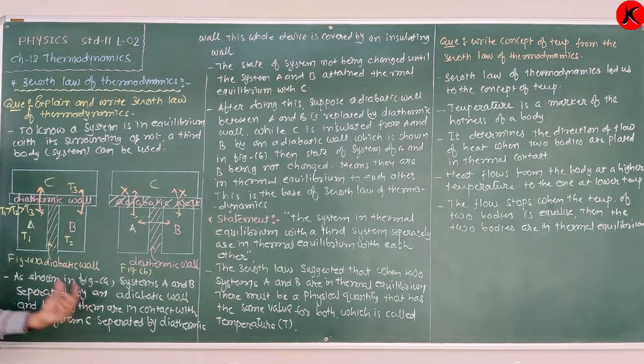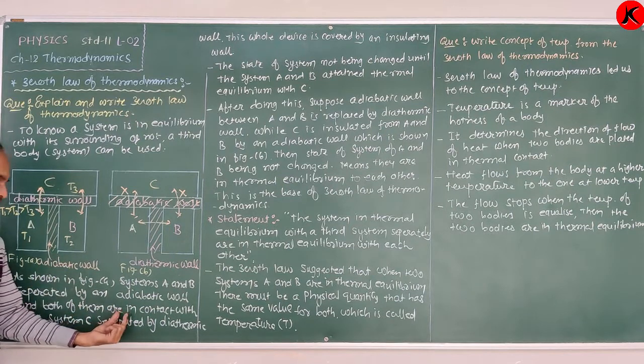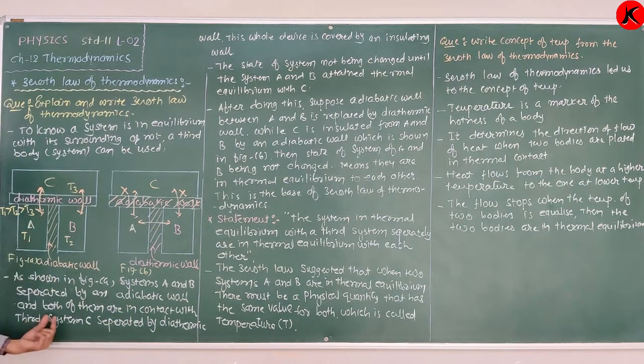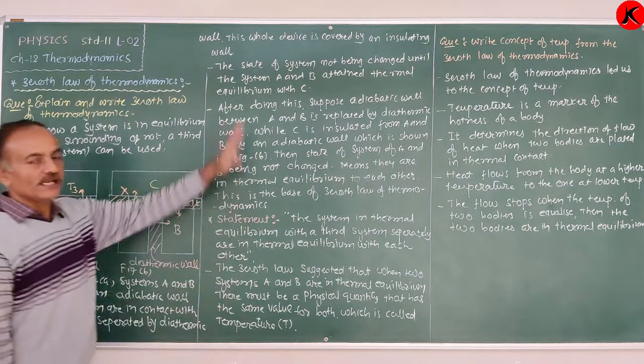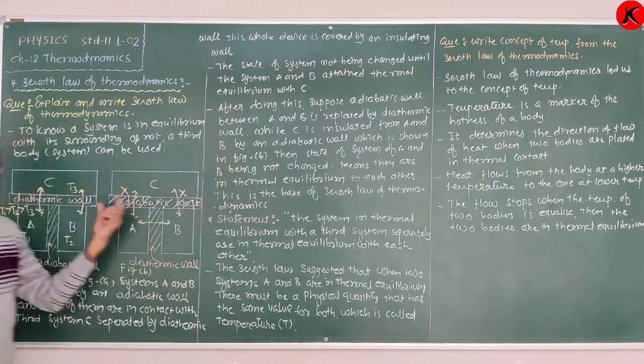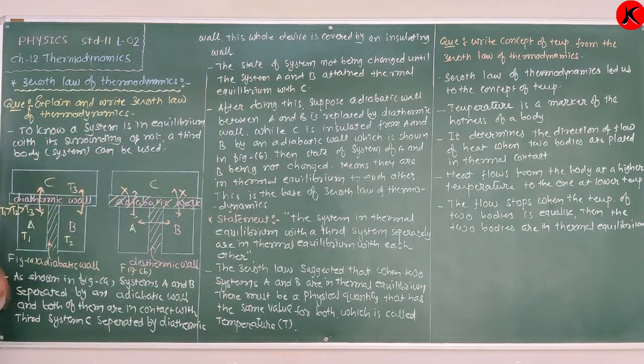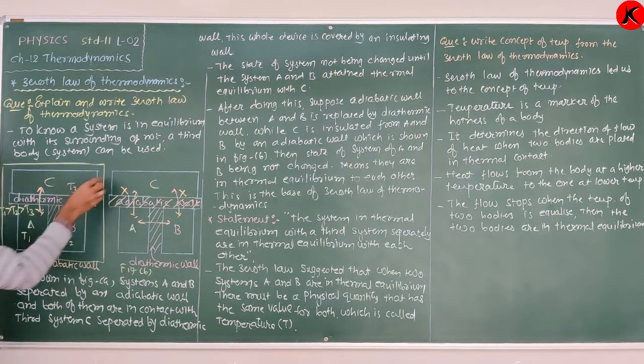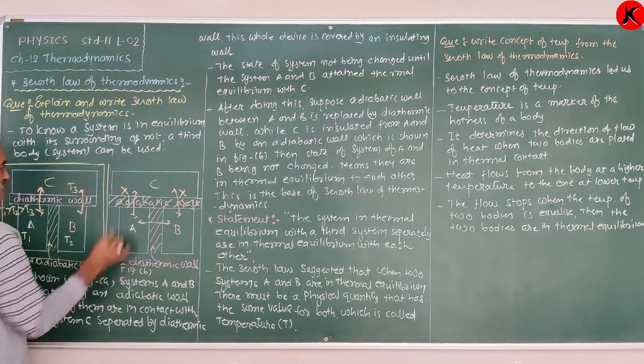And both of these systems A and B are in contact with the third system, separated by a diathermic wall, that is a conducting wall. These devices are covered by an insulated wall. Therefore, the effect of outside temperature does not take place.